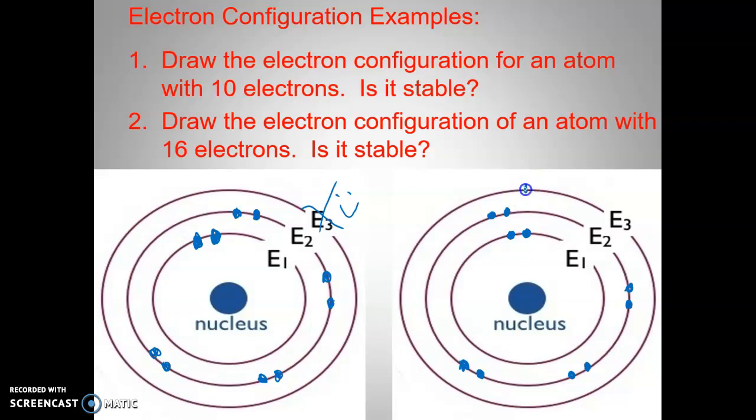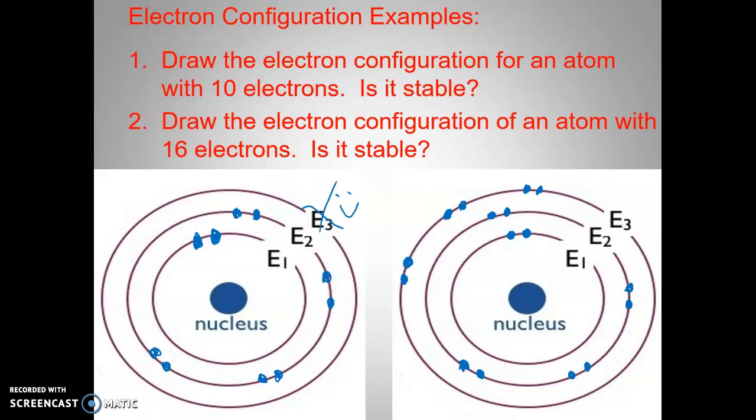So 1, 2, 3, 4. You can put them really anywhere you want. 5, 6. Is this a stable or unstable element? The answer is unstable.